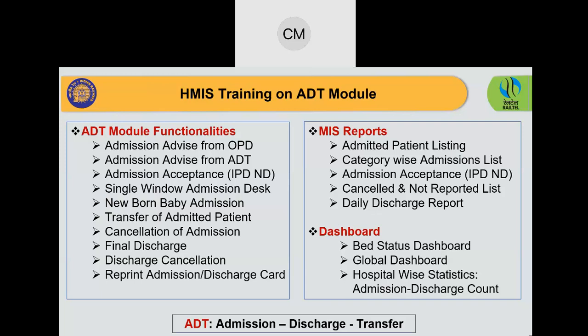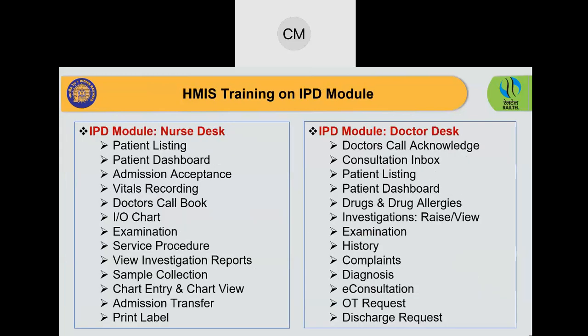Then the hospital-wise summaries that we normally generate will also contain the counts, so admission and discharge counts are also facilitated as a summary report. So these things will be covered in ADT, and then we have the IPD module.